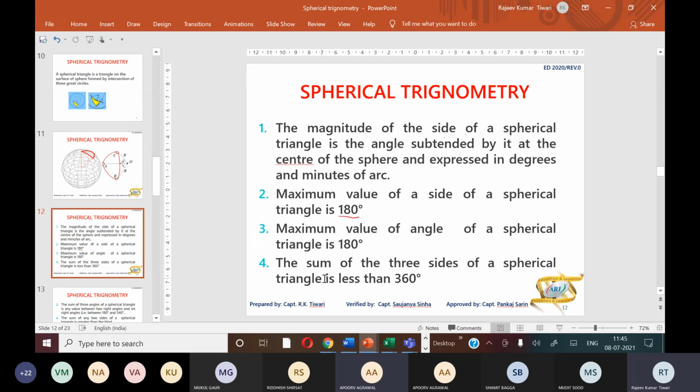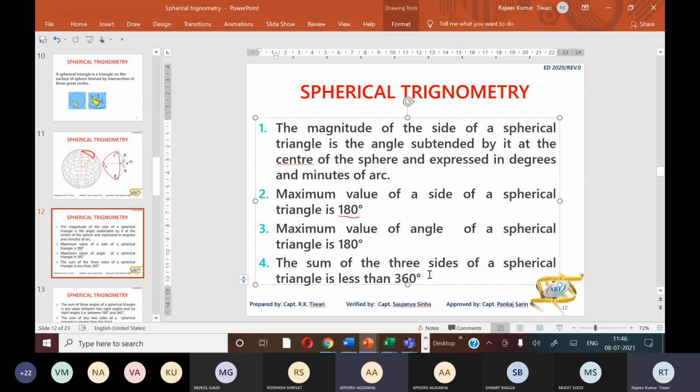Fourth, the sum of three sides of a spherical triangle is less than 360 degrees. There are three sides; the sum should be less than 360 degrees.